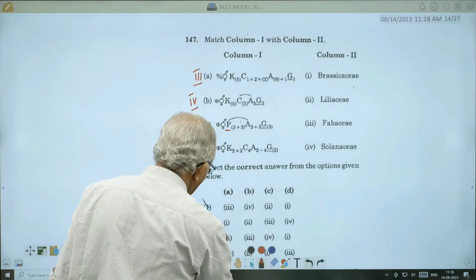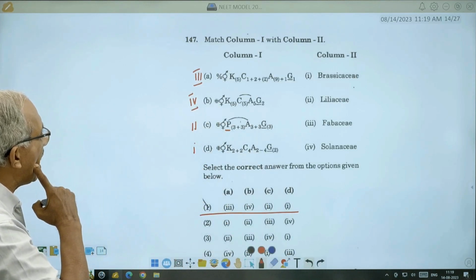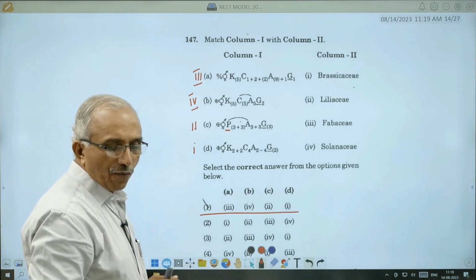Answer is 1. Floral formula and correct match of the family.